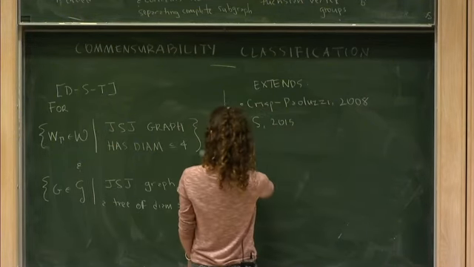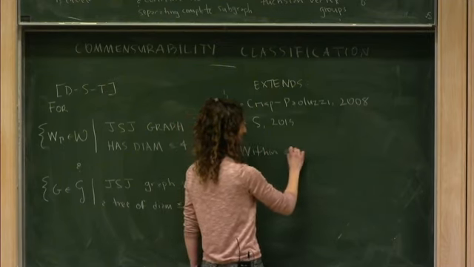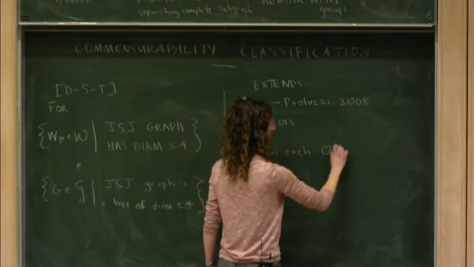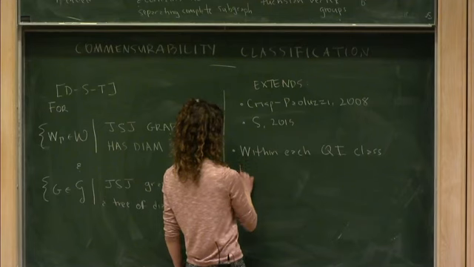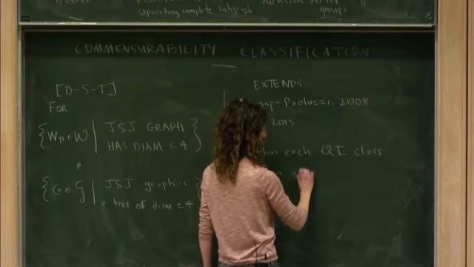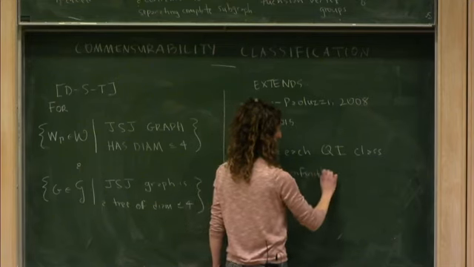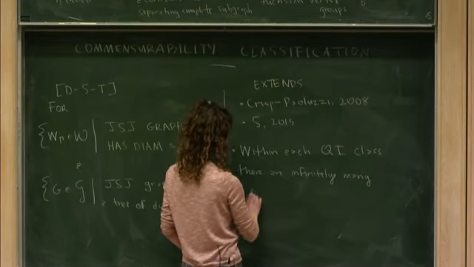It follows from our classification that within each quasi-isometry class, among these classes of groups, there are infinitely many abstract commensurability classes.